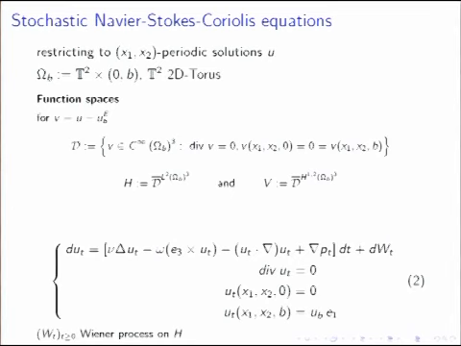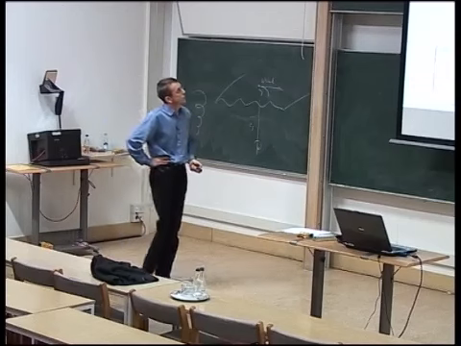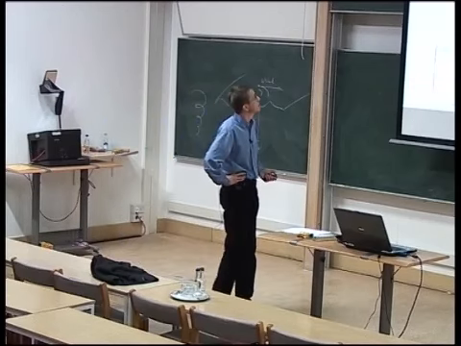So this is a starting point, and we looked at this particular case. We look at x1, x2 periodic solutions. So the state space of the fluid will become the two-dimensional torus times this finite open interval, in some sense a bounded layer with periodic boundary conditions with respect to the horizontal coordinates.